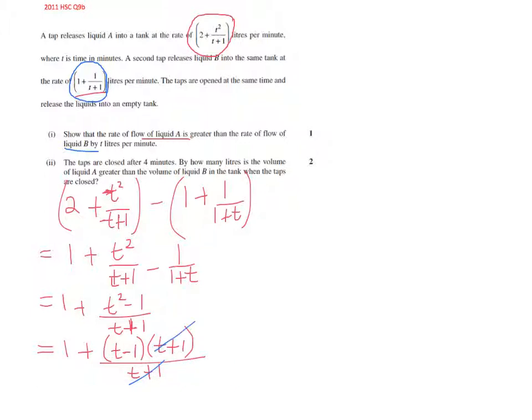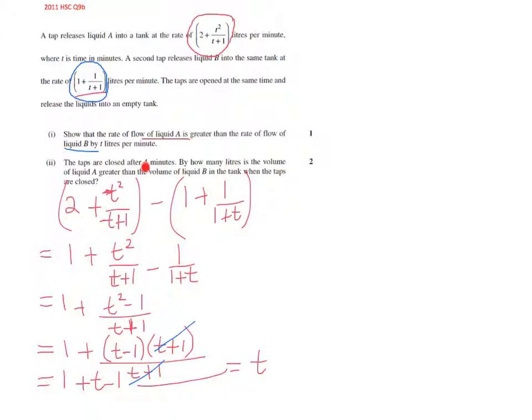So we end up with 1 plus t minus 1, which is equal to t, which is what we had to show. We had to show that the difference in the flow rates of liquid A and liquid B is t litres per minute. Okay, so then part 2.